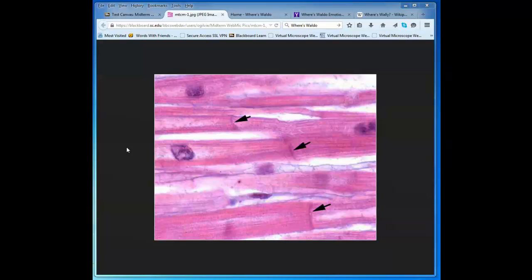We accepted singular and plural with disc spelled either with a C or a K. And actually 86% of the class answered correctly on this, requiring no regrading. Other answers were Z disc, that's incorrect. Sarcomere, that's incorrect. Actin filament, incorrect. Z-band, etc. So those are a few of the incorrect answers. Let's go on to the next question.